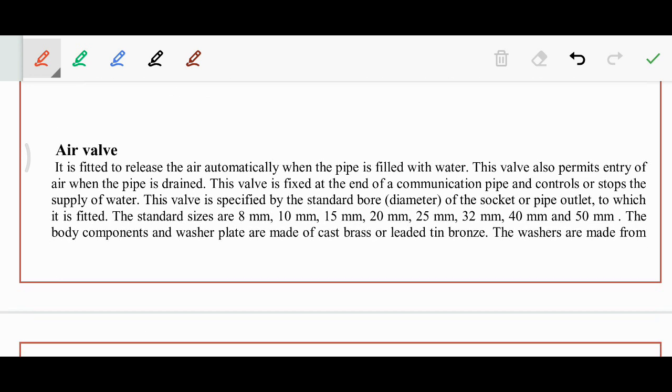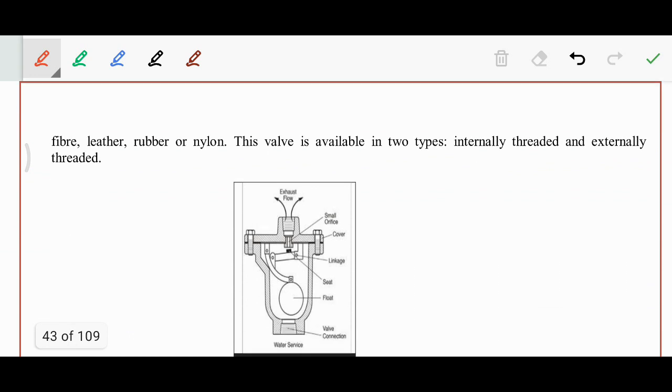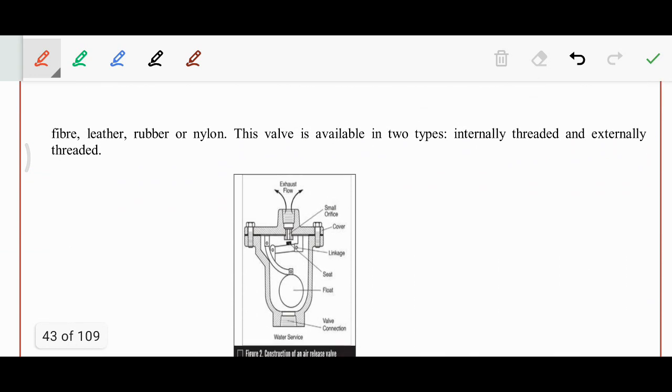Next we have the air valve. It is installed to release the air automatically when the pipe is filled with water. The main purpose is to remove or exit the air and also to allow air inside the pipe. This is the cross section of the valve.